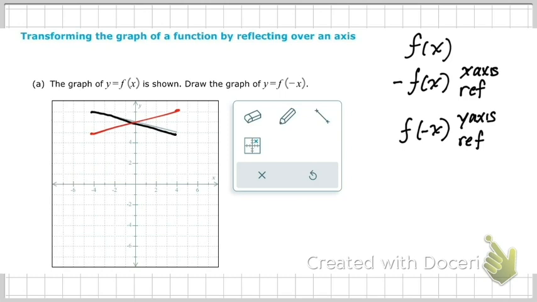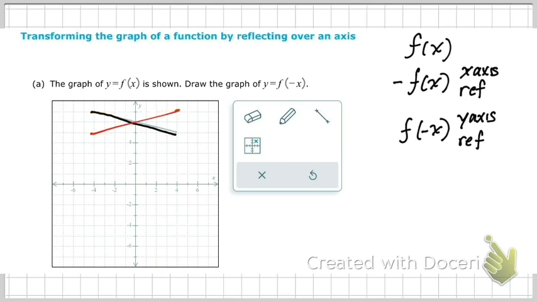And again, similarly to the reflection through the x-axis, I have to make sure if I'm 4 to the left here, I have to be 4 to the right there. And if I am 4 to the left here, I have to be 4 to the right there. So that's the reflection through the y-axis.